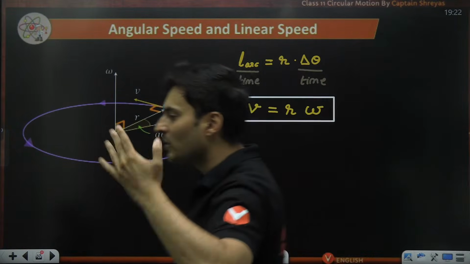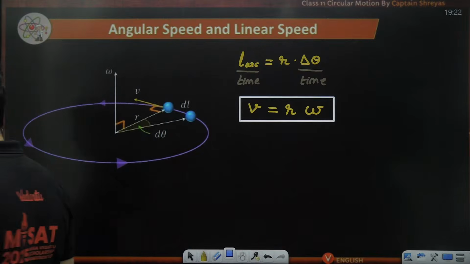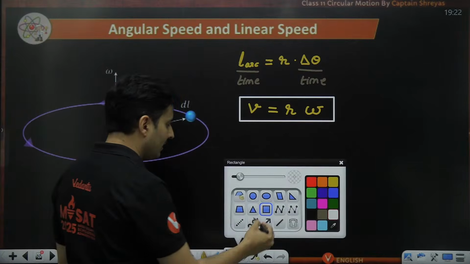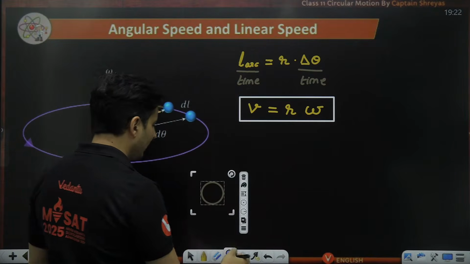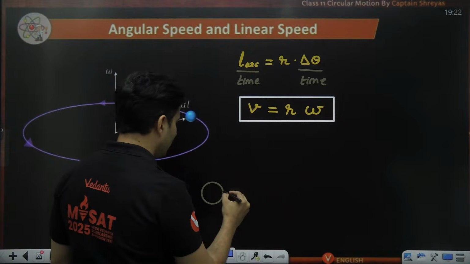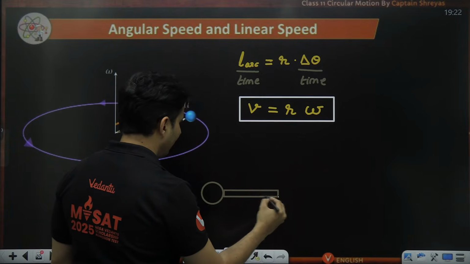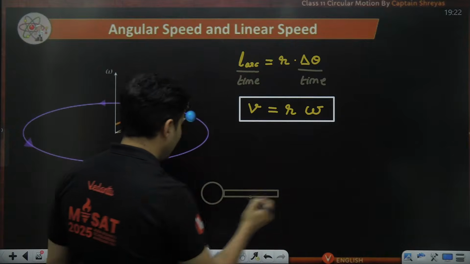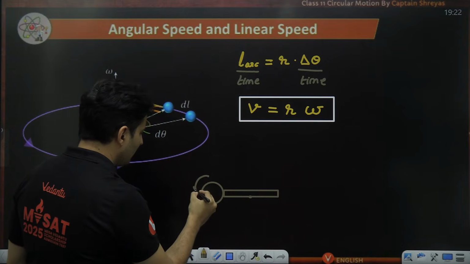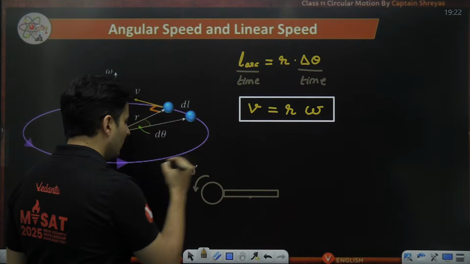Very simple and straightforward. Velocity is r into omega. And I will make you visualize how v is r omega. Let's take the example of a fan. Everybody might have seen a fan rotating in your house on the ceiling. This is the blade of the fan. Now, I'm not drawing the other blades, just visualize it. Imagine that the fan is rotating with some angular velocity.